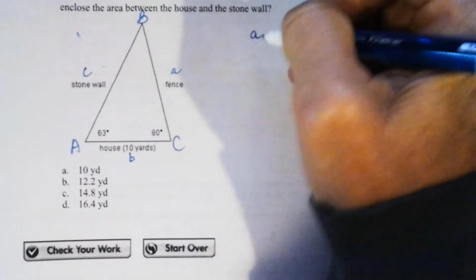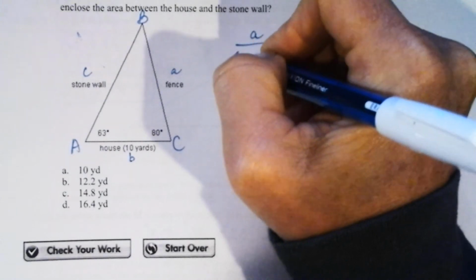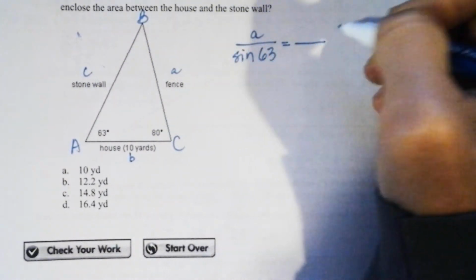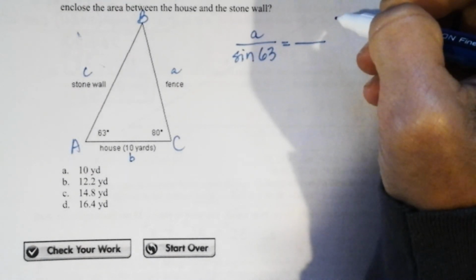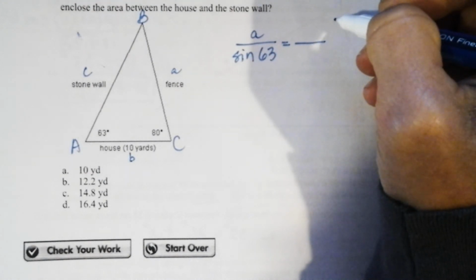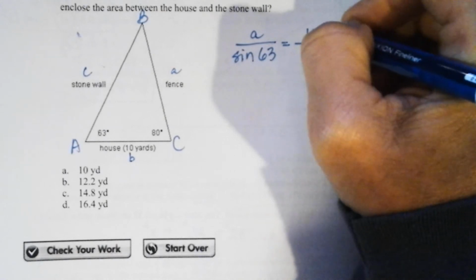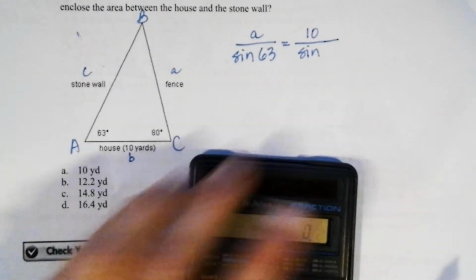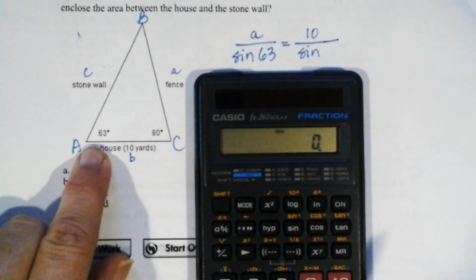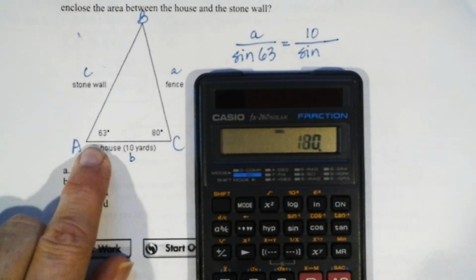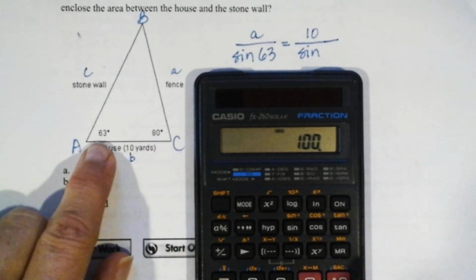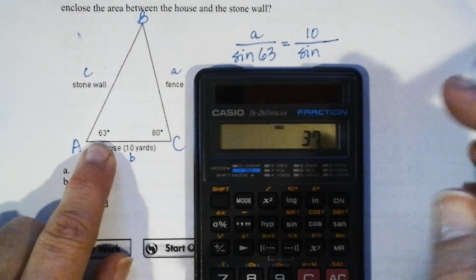We would do, say, A over sine 63 equals 10 over sine of whatever B is, and we have to solve for B. So B is 180 minus 80 minus 63, so B is 37.